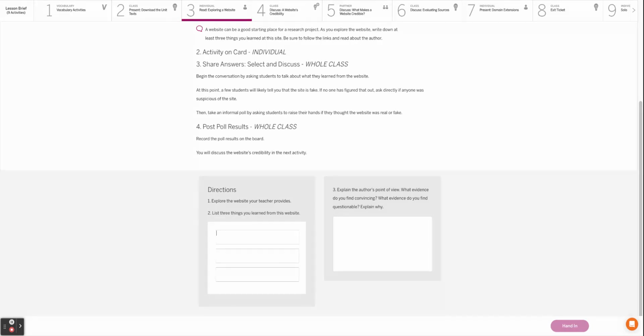What does the author want you to think about? And did you see evidence that showed you maybe the author was not fully informed or really biased and or one-sided about how they're communicating information?